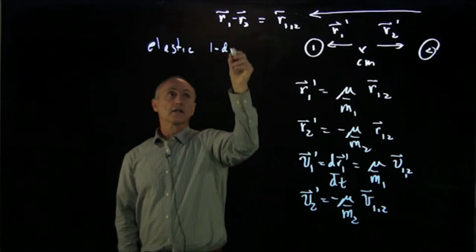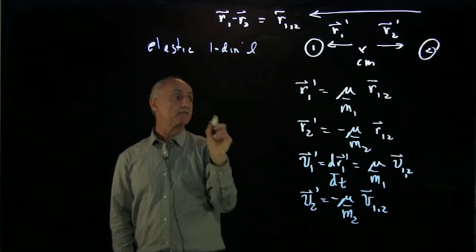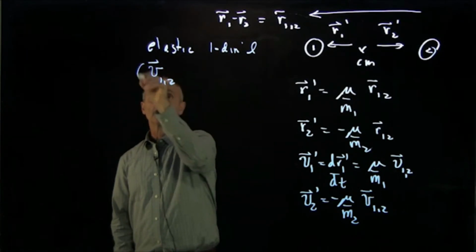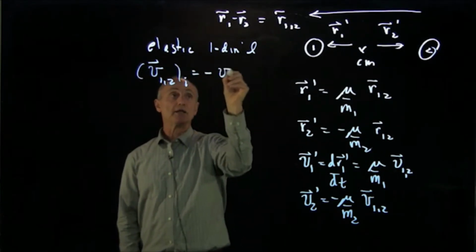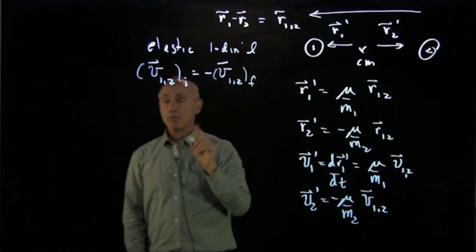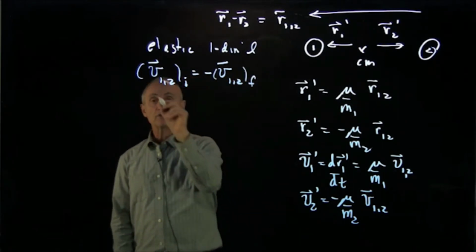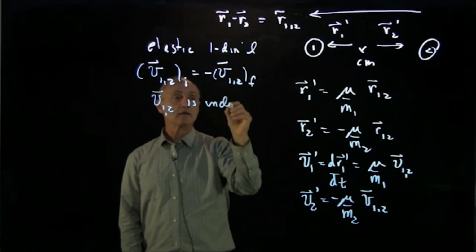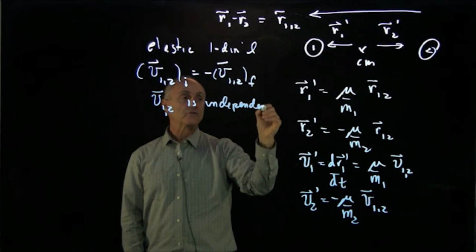So the significance of this result is that when we looked at an elastic one-dimensional collision, we already have the result that the initial relative velocity v12 is minus the final relative velocity. And we also know from what we saw that the relative velocity is independent of the reference frame.